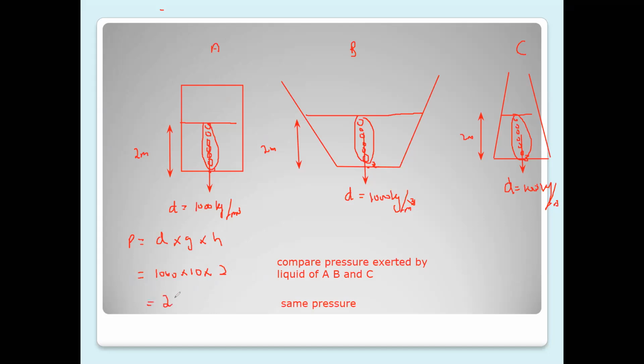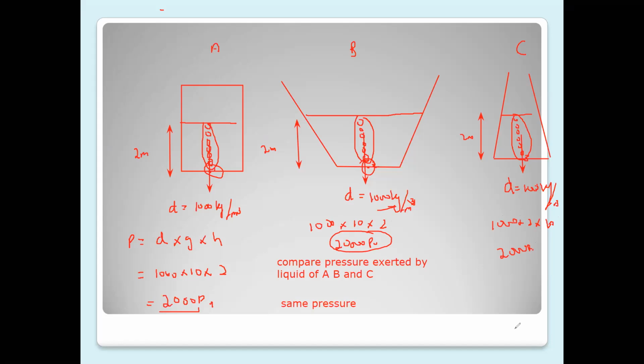It will give 20,000 Pascal. So pressure exerted by A is equal to 20,000 Pascal. What is the pressure exerted by B? It's also 1000 multiplied by 10 multiplied by 2. When you multiply all these factors, again you will get 20,000 Pascal. And for C, that's 1000 multiplied by 2 multiplied by 10. Again, you will get 20,000 Pascal.